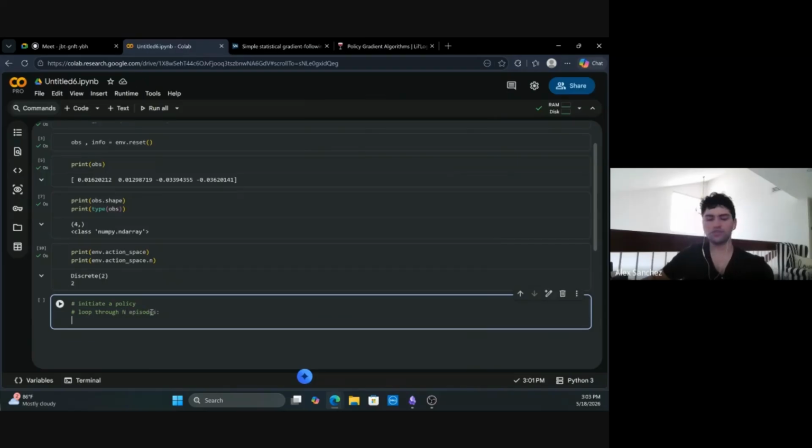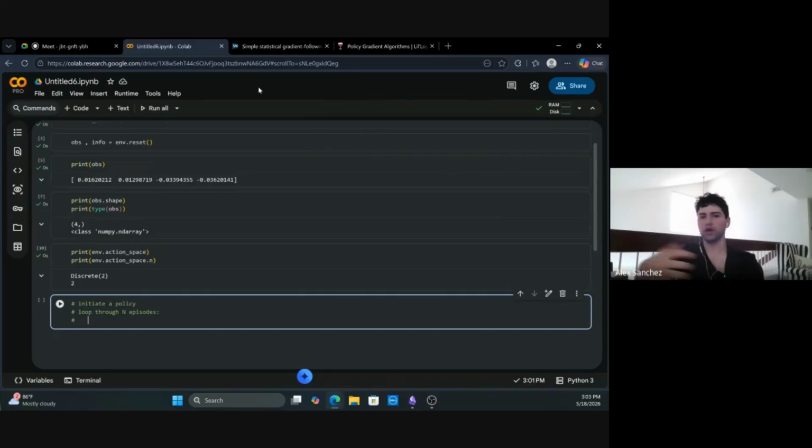Now, what are episodes in reinforcement learning? An episode is one whole sequence where either the model fails or the time limit runs out. In the case of CartPole, it's 500 time steps where the cart is trying to keep the pole up. If the pole falls, it terminates. If it reaches the end, it also ends.